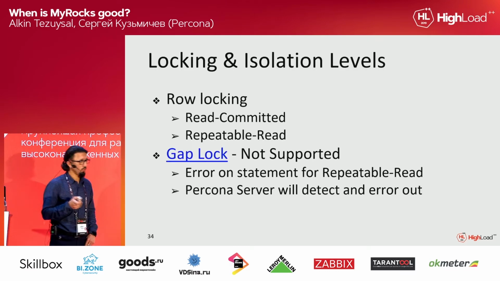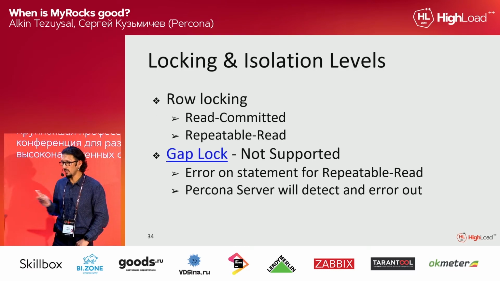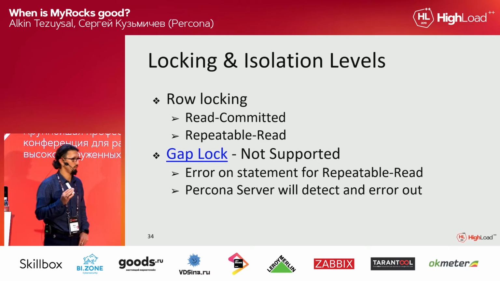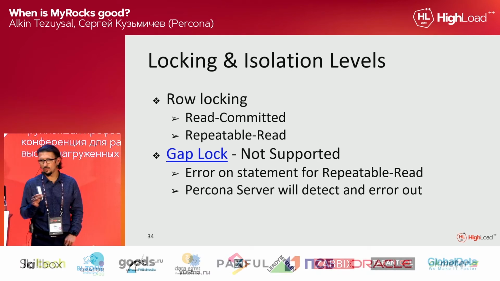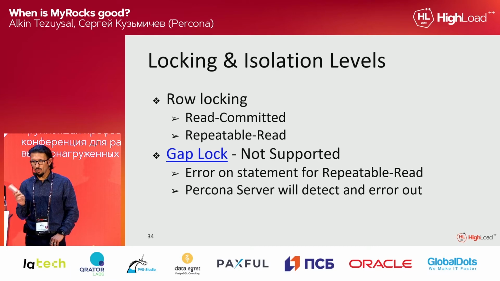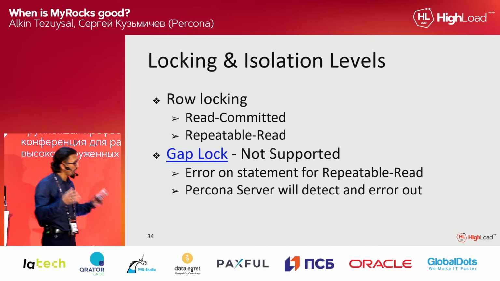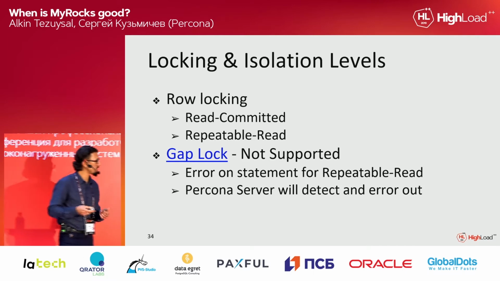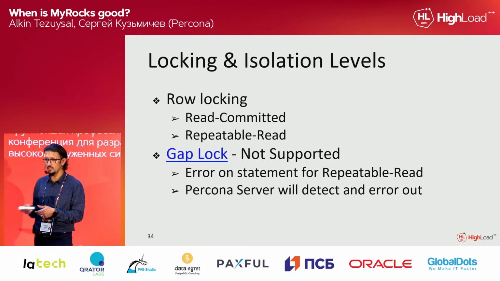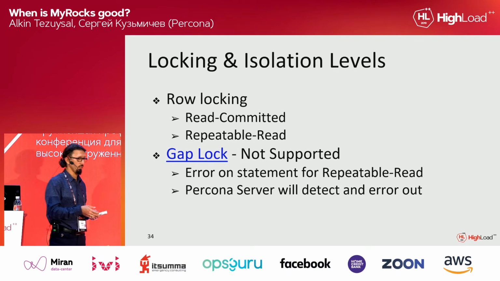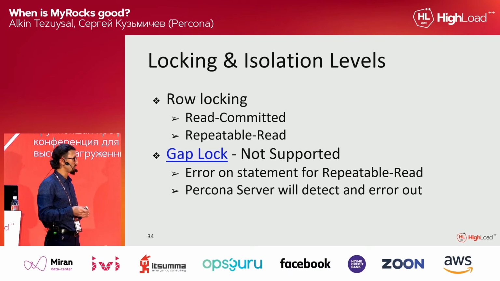So we mentioned earlier that the locking is different in the RocksDB engine and the InnoDB engine. In row level locking, you have read committed and repeatable read. If you install MySQL, it comes with repeatable read as the default. But repeatable read is problematic in RocksDB because it doesn't support gap locks.